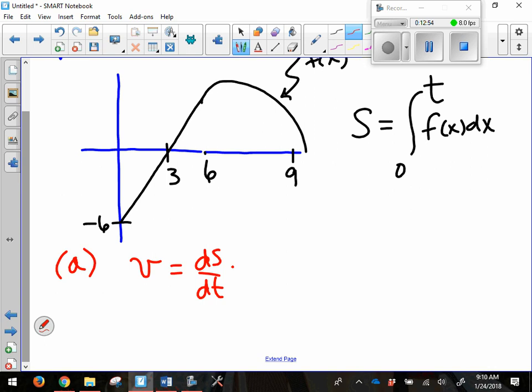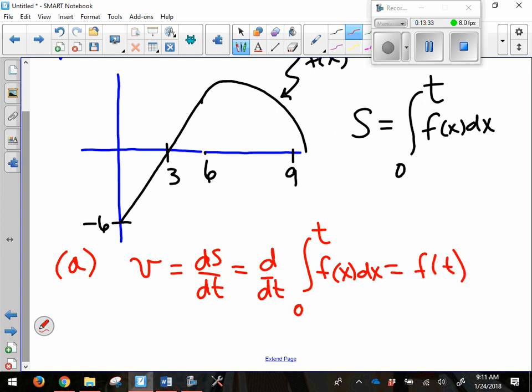So that means that I'm going to take d by dt of the integral from 0 to t of f of x dx. Okay. Now, that means, what's this going to become? Not f of x, f of t. That's what the fundamental theorem of calculus part 1 tells us.